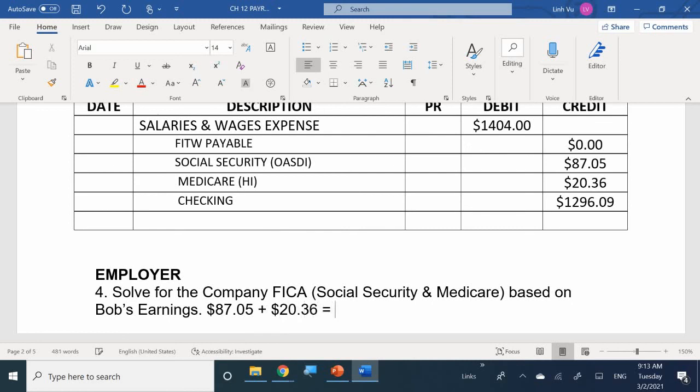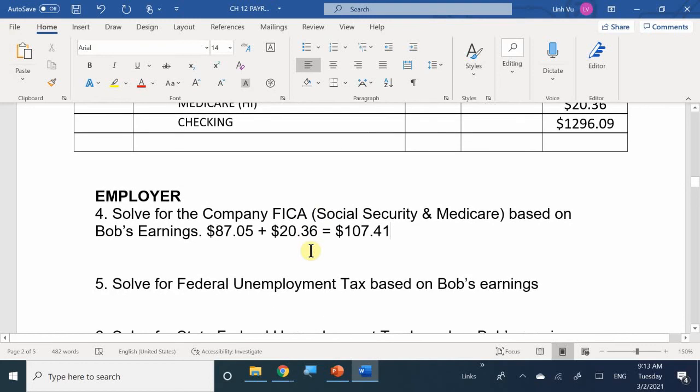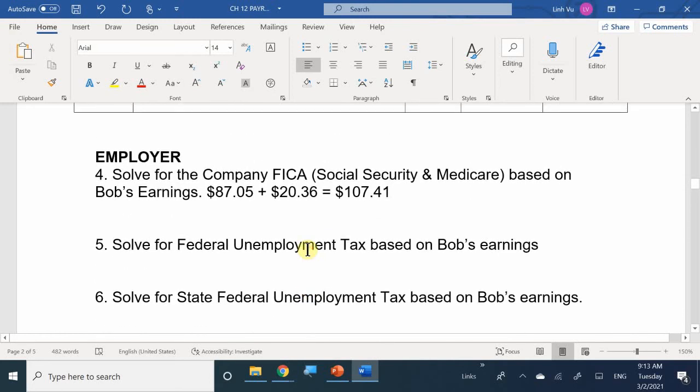So in grand total, how much is the company FICA based on Bob's earnings? 107.41. That's how much company FICA, because Bob paid into it, so we have to match him 100%.